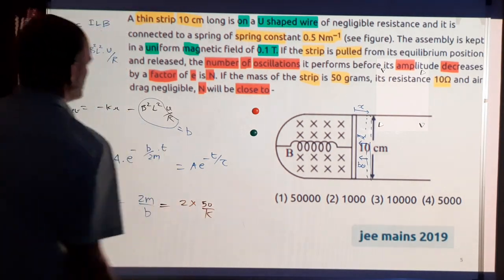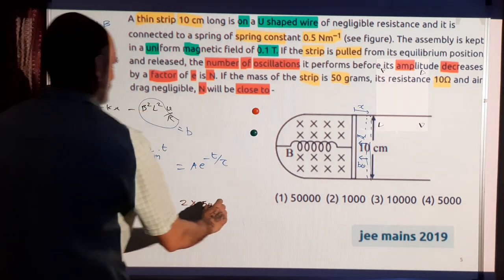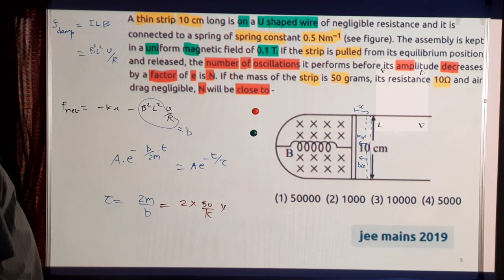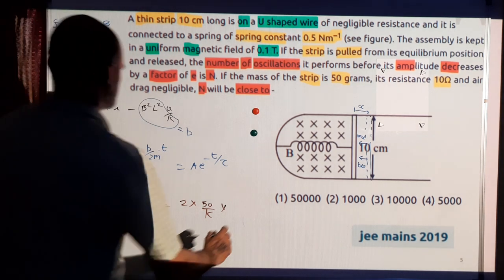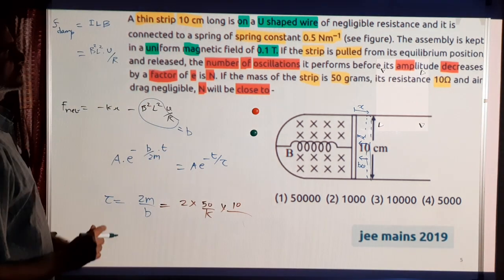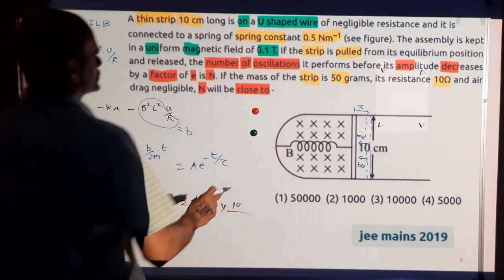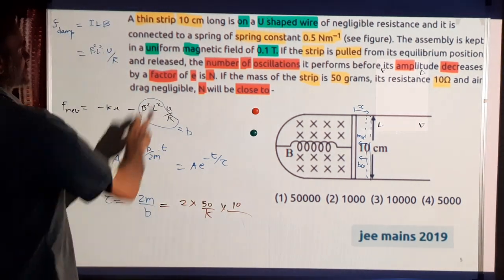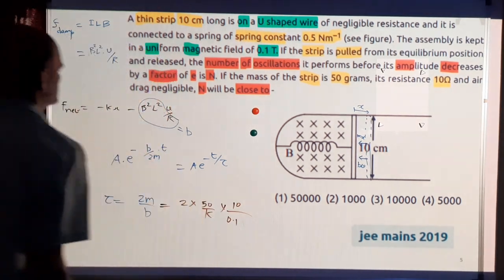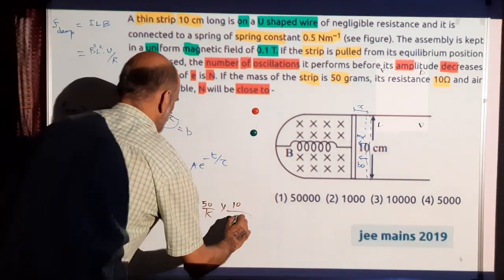And then 1 by b is R, the resistance, which is 10 ohms, and then B square L square. B is 0.1. Length is also 0.1 meter because 10 centimeters is 0.1 meter. So it's 0.1 square and L square.